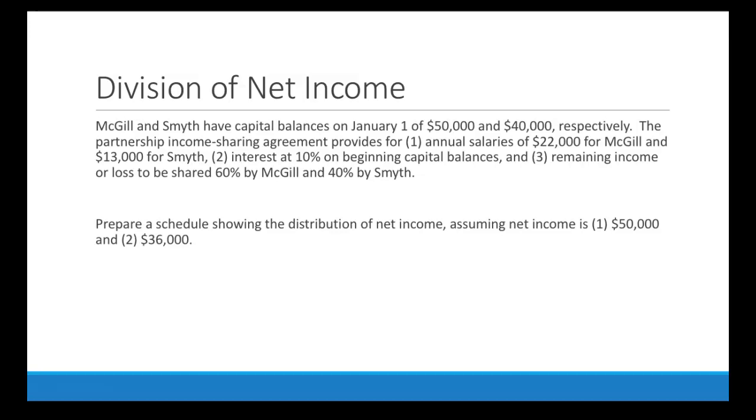We then need to prepare a schedule or a table, right, showing the distribution of net income, assuming that our net income is first 50,000, and then we'll do an example for if it's $36,000.